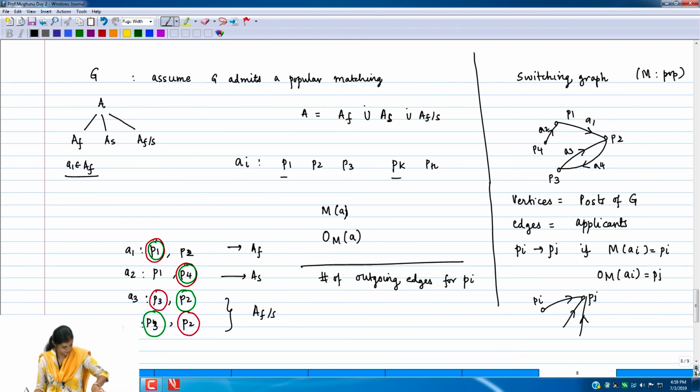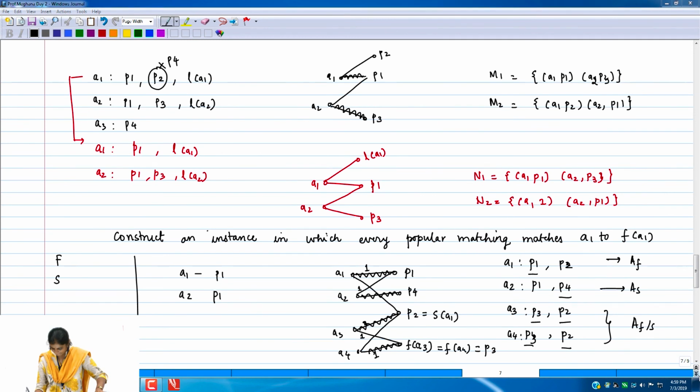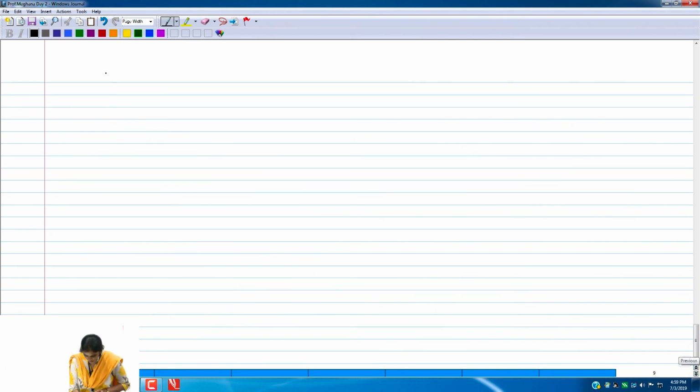A simple example of this: if you have A1, A2, P1, P3, P4, then you will have a popular matching which is A1, P1, A2, P4, and the switching graph will have P1, P3, P4.